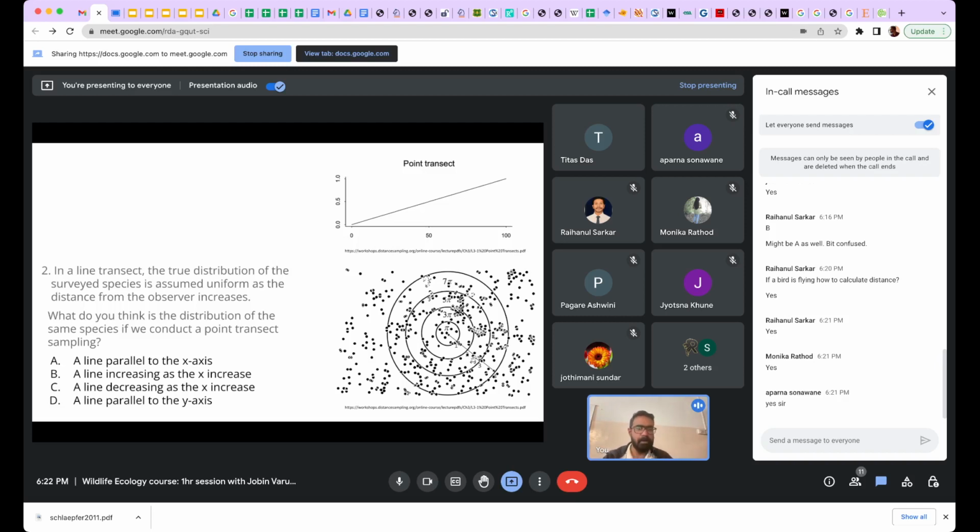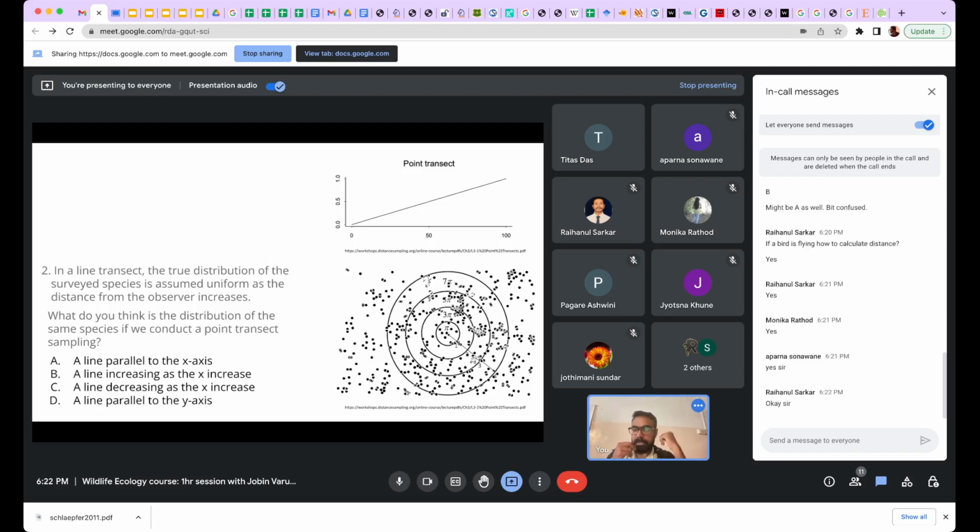What you do is you count the distance of the bird where you first saw the bird. If it's flown away, then you don't count that bird again. Also, anything that goes overhead is never counted. So there are several rules to do point count transect.